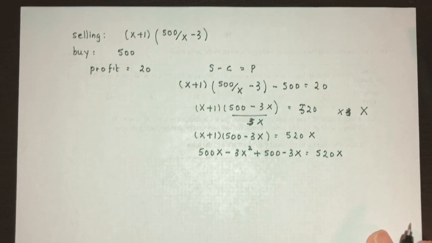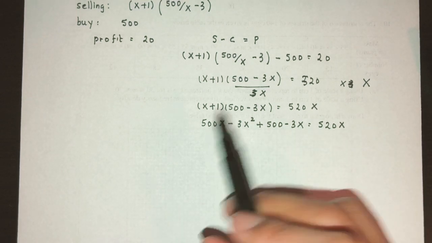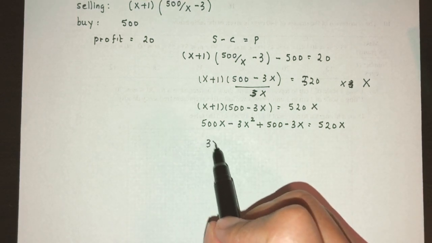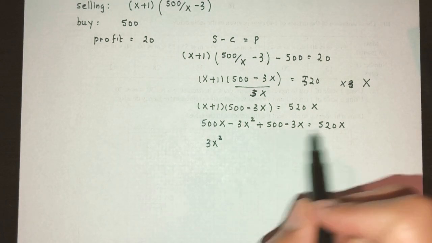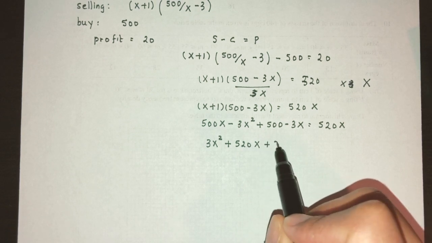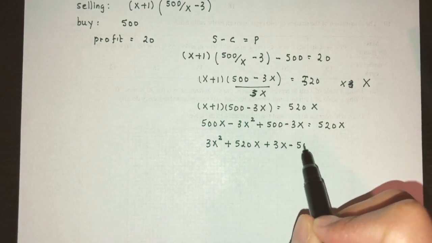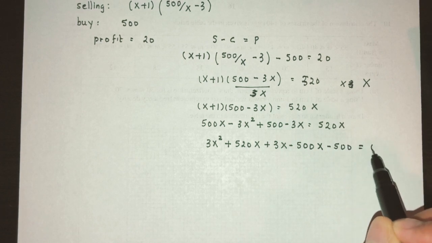Now simplify. Let's send everything to one side. To this side, you will have 3x squared, and you will have plus 520x plus 3x minus 500x and minus 500 equal to 0.